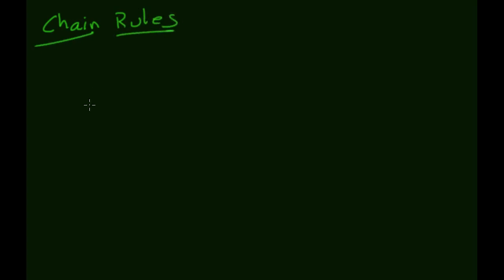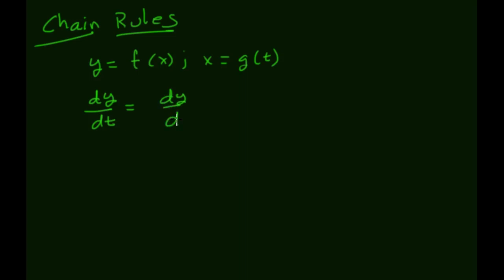If we recall, the original idea of a chain rule is that if I have some function y, which is a function of x, and a function x, which is a function of t, then I can find the derivative of y with respect to t by taking the product of the derivative of y with respect to x times the derivative of x with respect to t, right? So this is one way of formulating that.